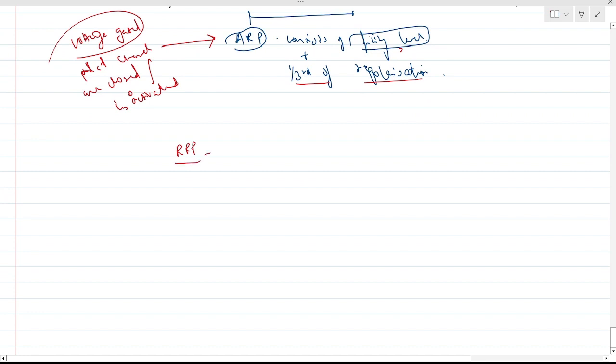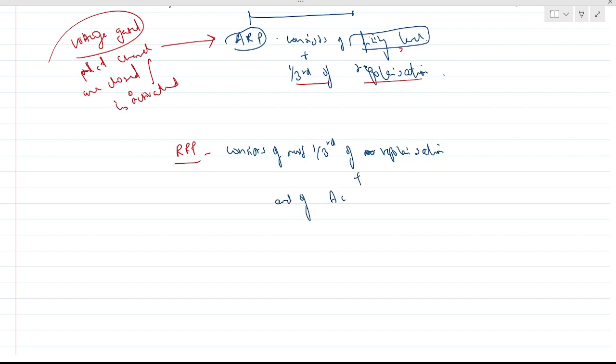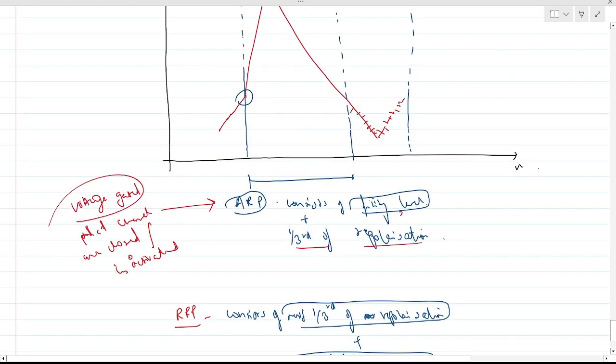Okay, this consists of one-third of repolarization along with the end of the action potential. After this phase, relative refractory period.